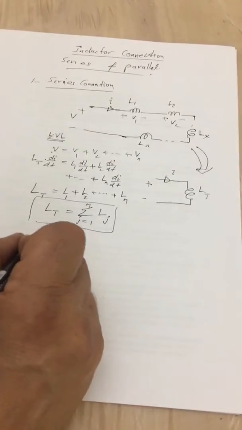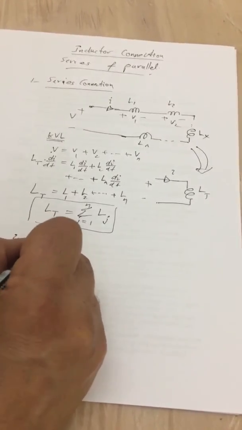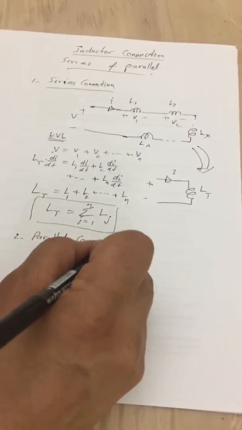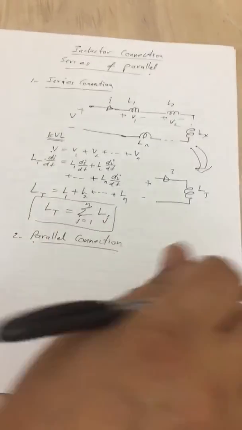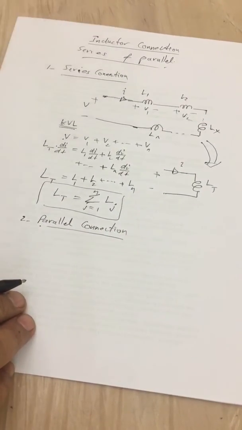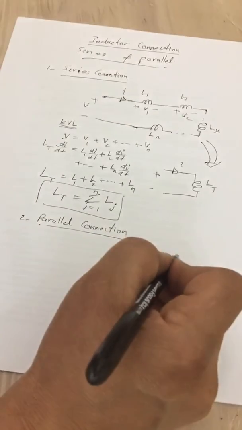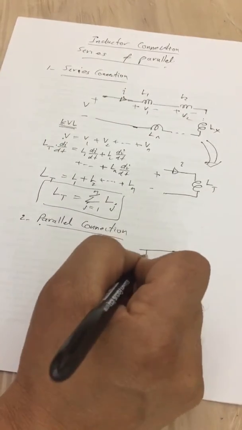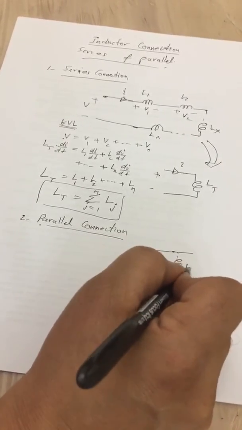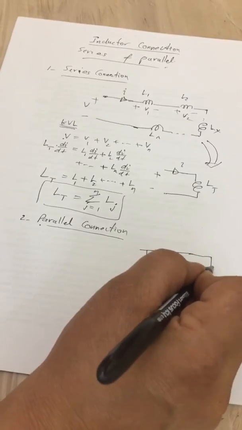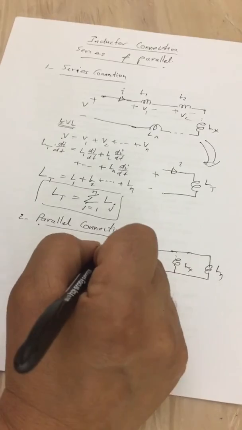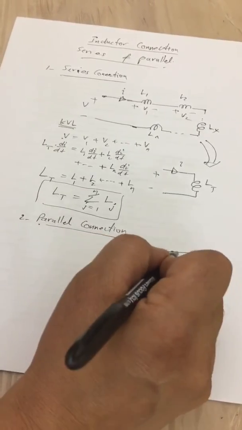Let's look at the parallel case, parallel connection. In parallel connection, all inductors should be connected across the same voltage source. So we have L1 here, Lx here, Ln here, connected between two nodes.